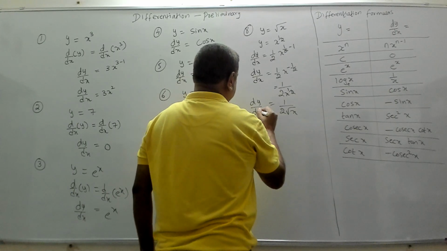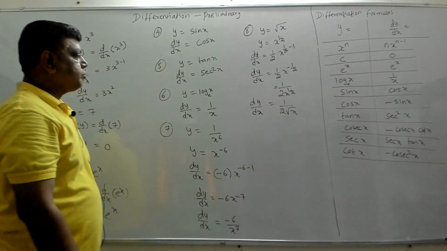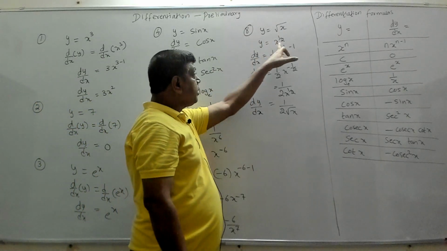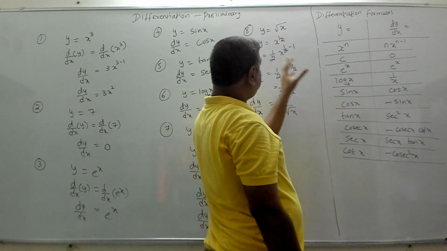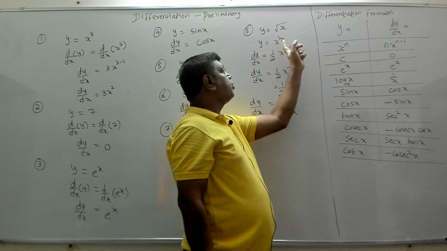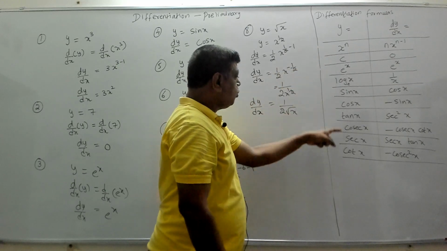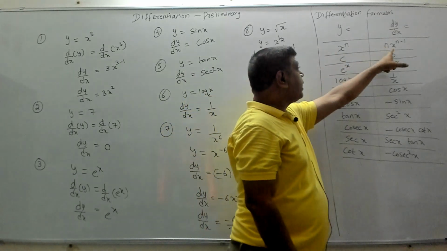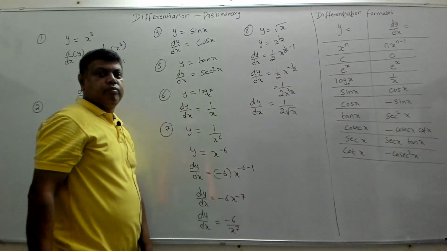Fine. So this is how we do the differentiation of root x. So if y is root x, then y should be written in the form of x power n. So any function that is given, try to write this in one of the forms. And root x means x power half, we know. Then the moment you see x power half, we know under which category it falls. It falls under this category. So the differentiation of this is n x power n minus 1. Right?